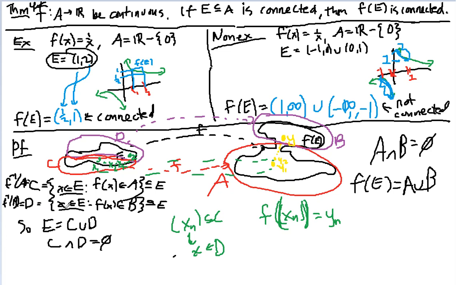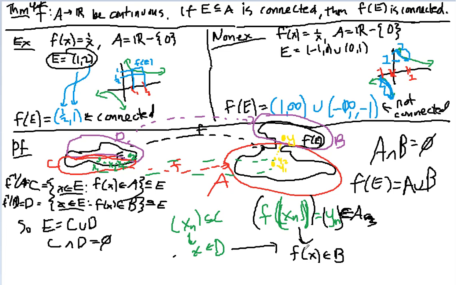If x is in D, that means that f of x belongs to B. But the x_n are all in C. And if x_n is in C, that means that f of x_n belongs to A. So f of x_n belongs to just plain old A. So if I look at the sequence f of x_n, it is completely contained within A, but it's going to converge to f of x, which is in B.